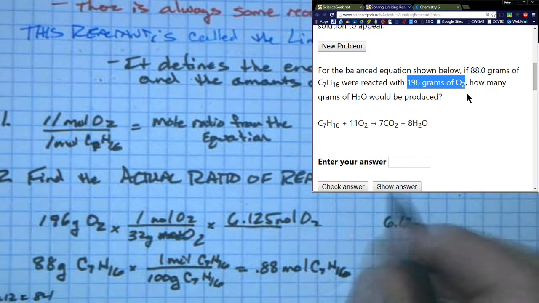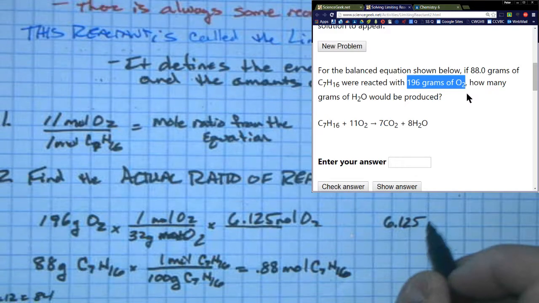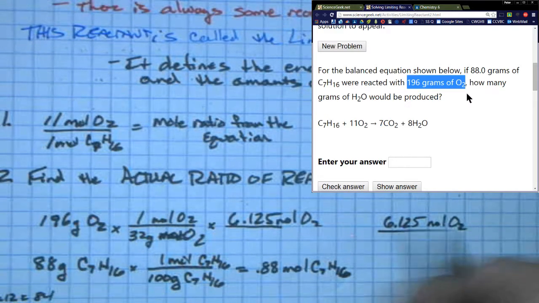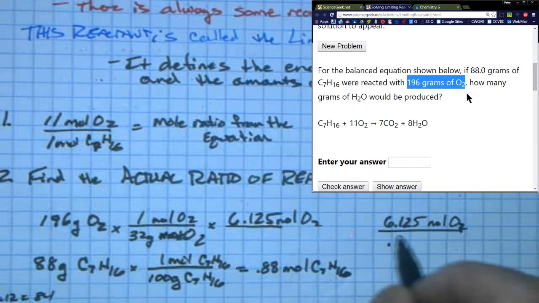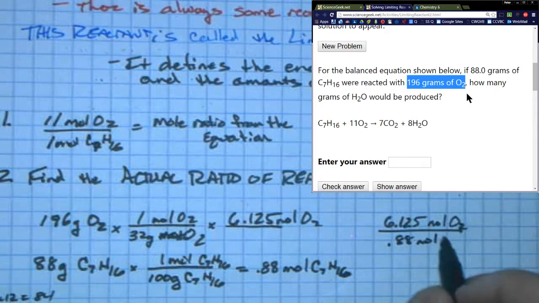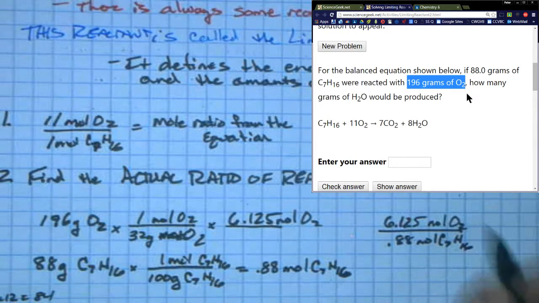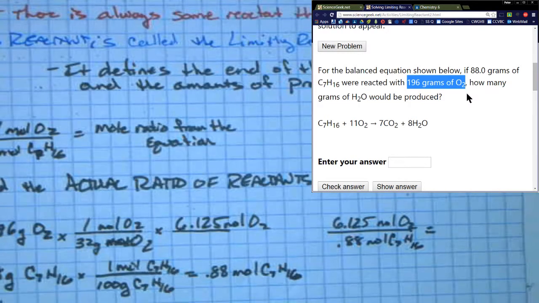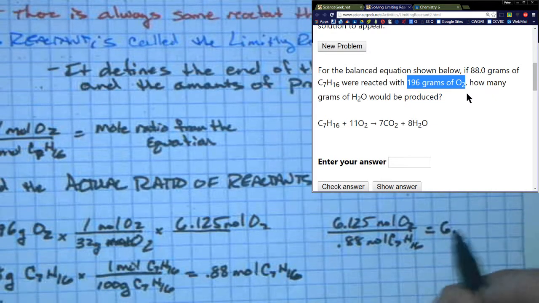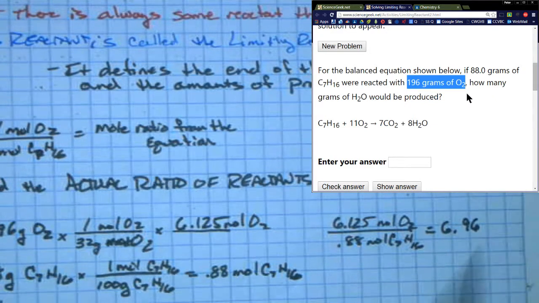Okay, 6.125 moles of O2, and we're going to divide it by 0.88 moles of C7H16. And that comes out to 6.96 is that ratio.